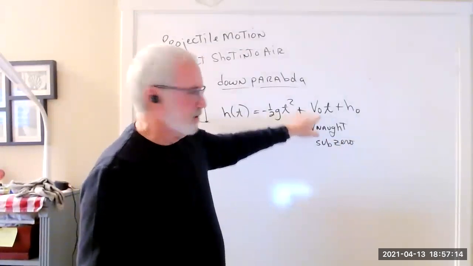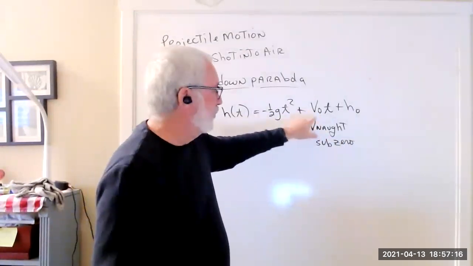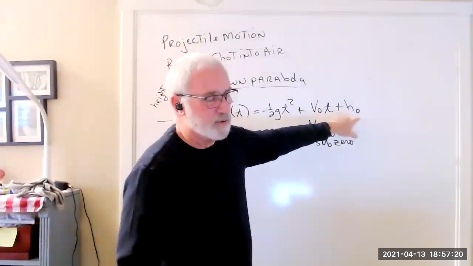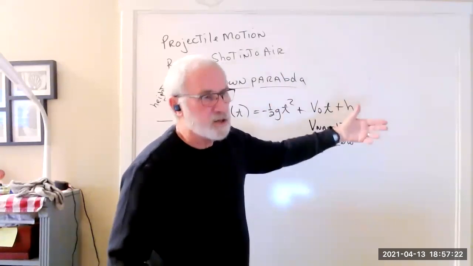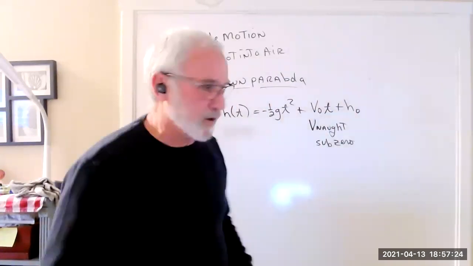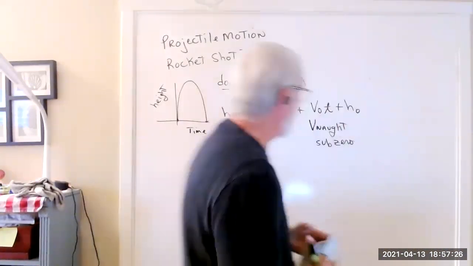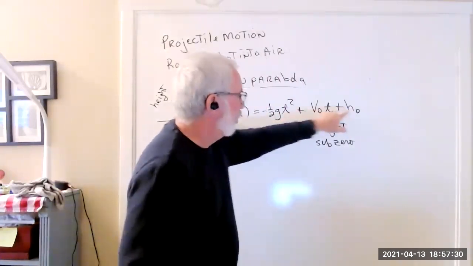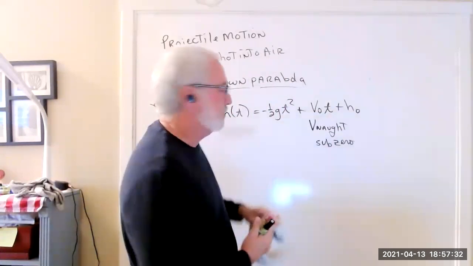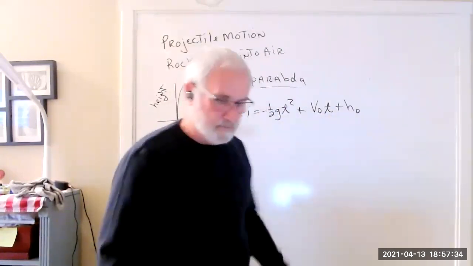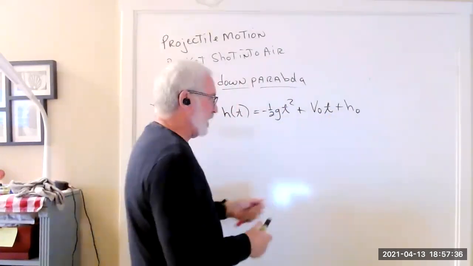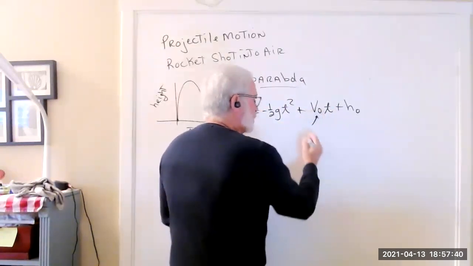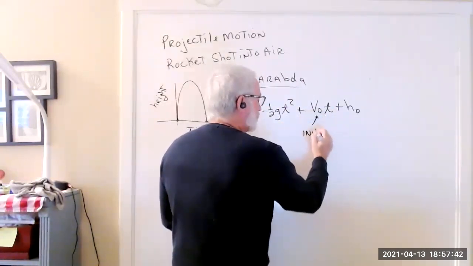Naught, N-A-U-G-H-T. So V naught, H naught. That's how those are pronounced. Or H sub 0 if you want to be American about it. So you have V naught or H naught or V sub 0 or H sub 0. Doesn't matter.